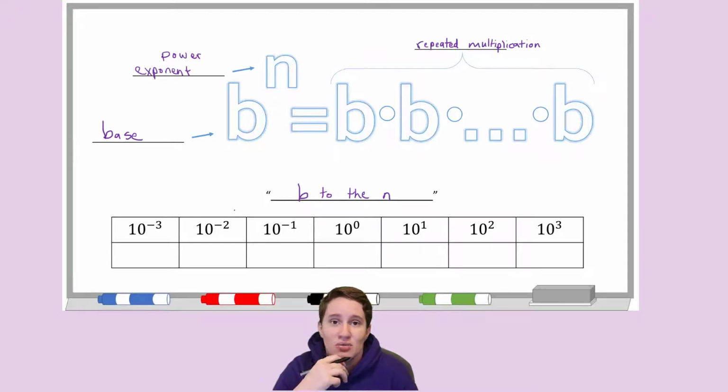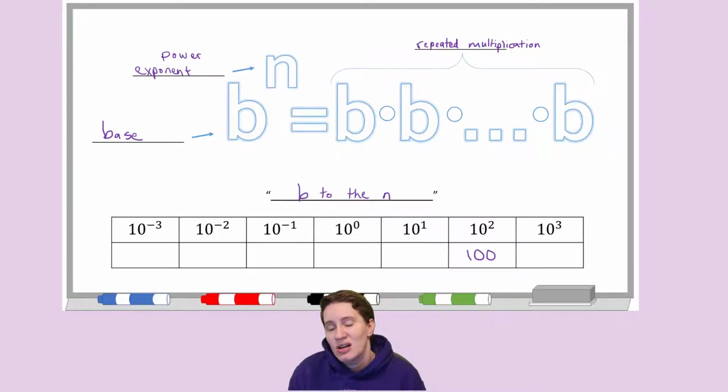Well, squaring means to do 10 times 10. 10 times 10 is 100. I started there to remind you there's a trick with tens and exponents: whatever the exponent is, that's how many zeros we should have. So when we do 10 cubed, which is 10 times 10 times 10, we should end up with 1,000, which happens to have 3 zeros.